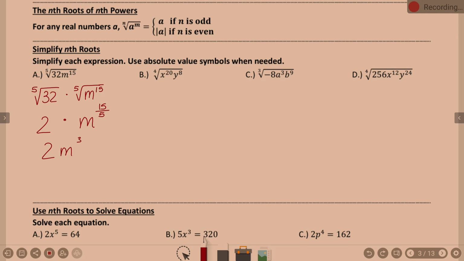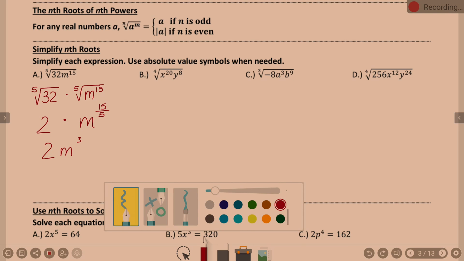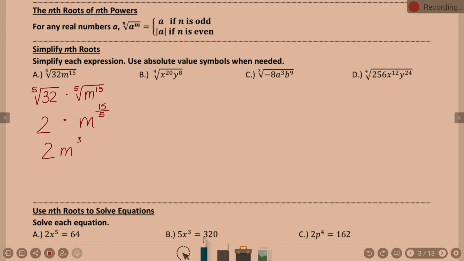I can do a cube root, a fifth root, because an odd number of negatives is still a negative. So that's possible. Because this is an odd root, I don't need to worry about absolute value. I'm good. We're done. This is 2m to the third.